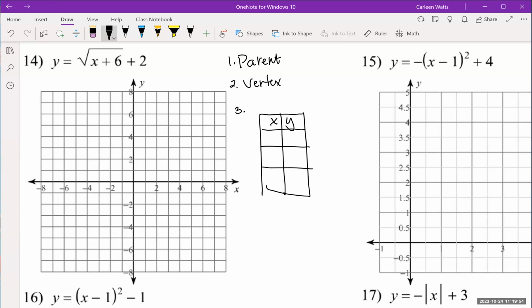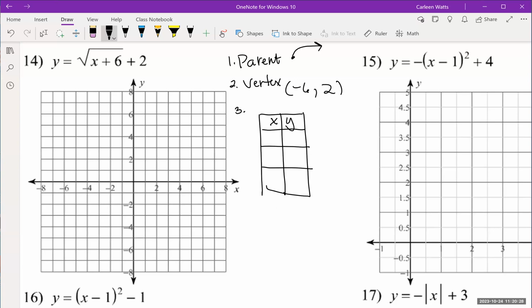Square root function is a sleeping U. Vertex. Hey, you guys should be able to give me the vertex. Now, see, isn't this great? Because you learn it for one and the same rules apply for all of them, which is nice. Your brain is like, okay, I'm good with this.